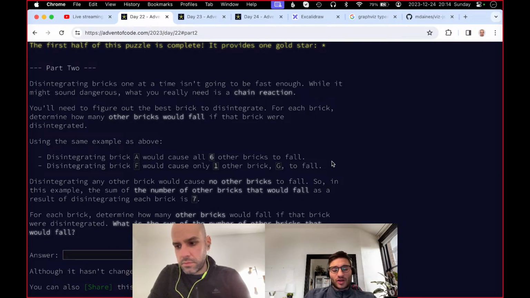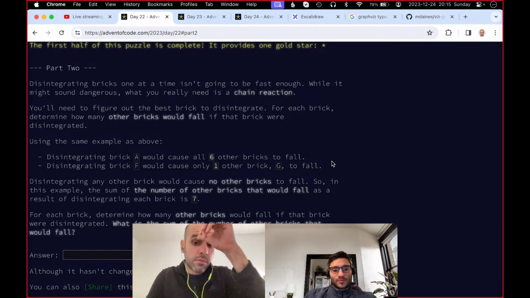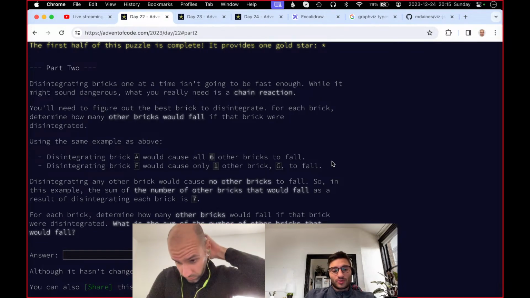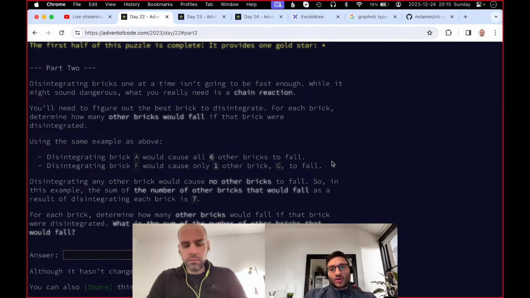I would traverse the items. For each one which gets disintegrated, if the one that it was supporting also falls because there's nothing else supporting it, I would keep traversing basically up the tree.